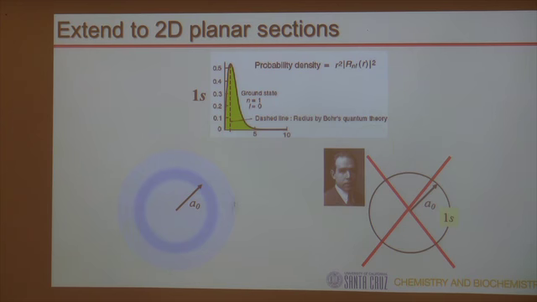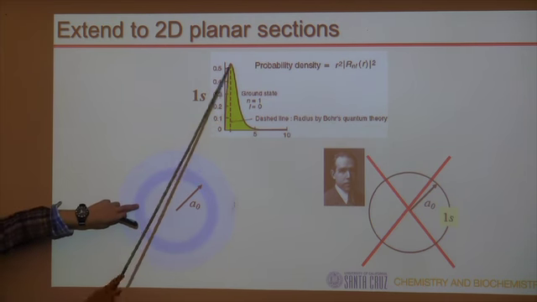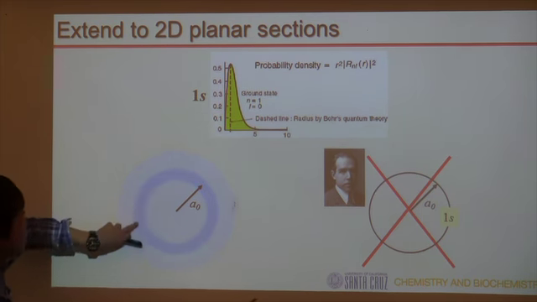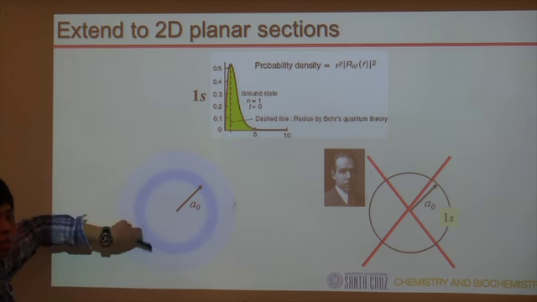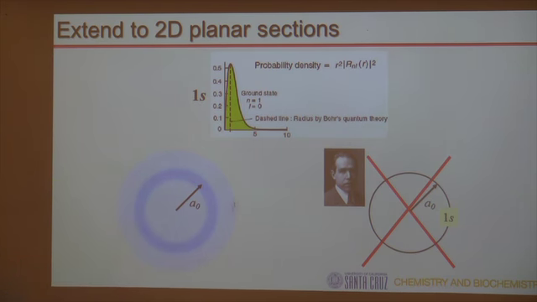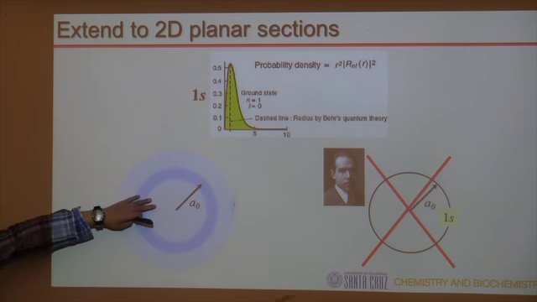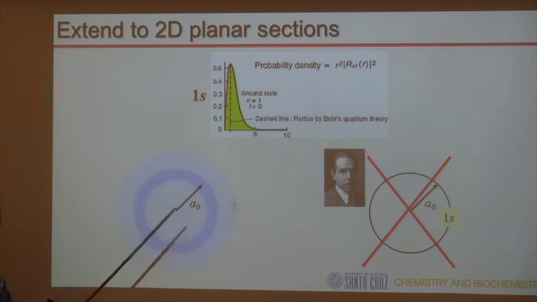Not quite. Bohr did not consider probability. In his early picture, he did not consider the probability distribution, and in reality we have a probability distribution here. So it's not a solid orbit, it's a blurred picture, and all of those are probabilities, not an orbit for the electron to move along.